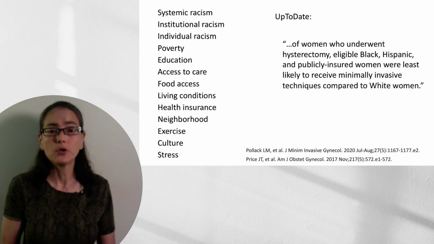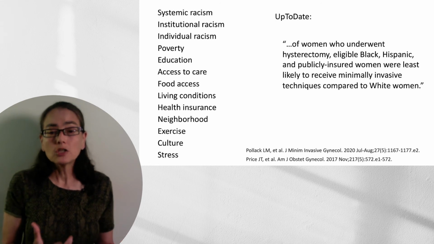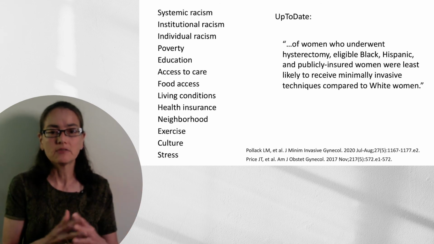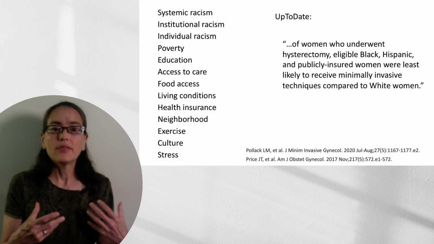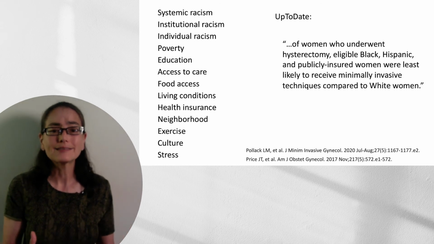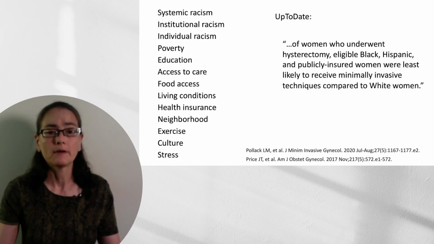So if you looked at women who underwent hysterectomies, if a woman was eligible for a minimally invasive technique, so she did not have a massively enlarged uterus, say due to massive fibroids, if she were Black, Hispanic, or publicly insured, she was less likely to receive a minimally invasive technique than a white woman, all right?